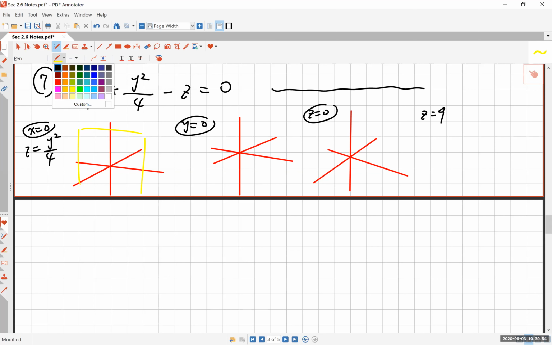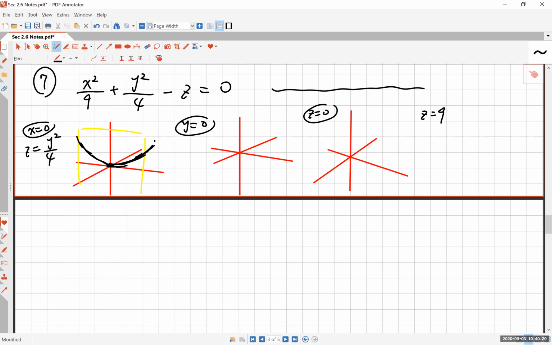This is a parabola. Oh, we haven't seen parabolas yet. If z is equal to y squared, you have the standard parabola, but it's multiplied by 1/4. So it'll be a sort of wide parabola in the yz plane when x is equal to 0. Again, this is a slice or the trace or the cross section when you cut the surface at x equal to 0 with that vertical wall.